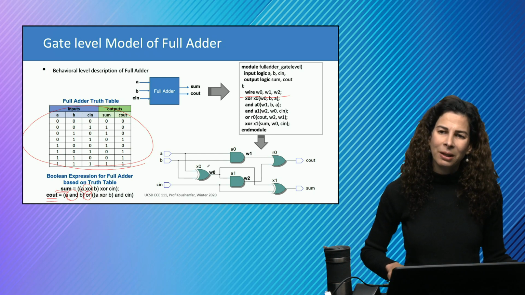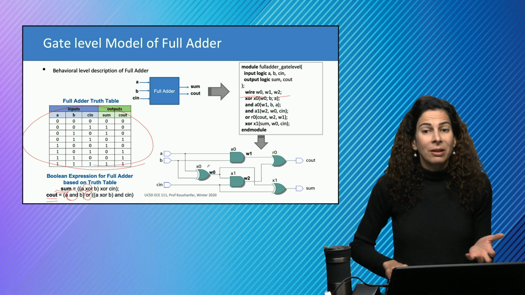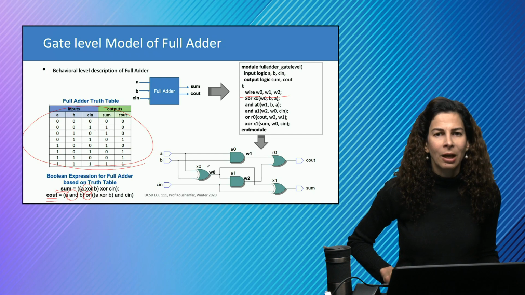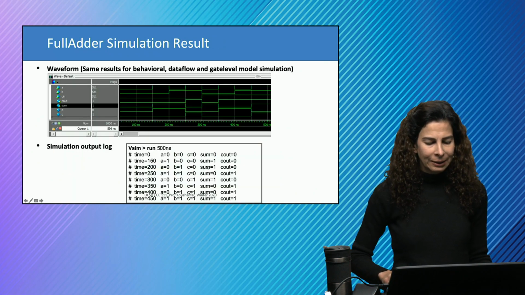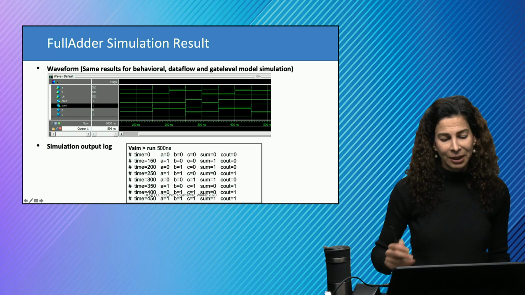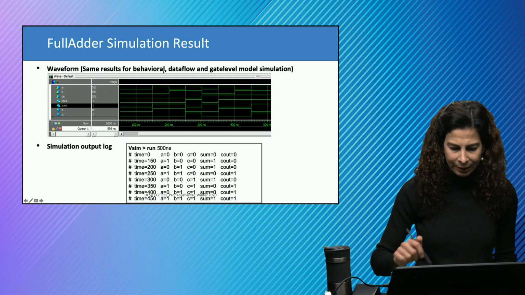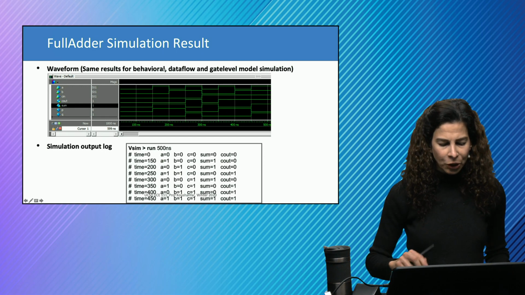But again, this is because these circuits are so small for understanding purposes that it may not reflect a real-life gate level versus a behavioral model if you're talking about a much bigger design. The simulation results are the same in this case for the behavioral, data flow, and gate level model simulation.